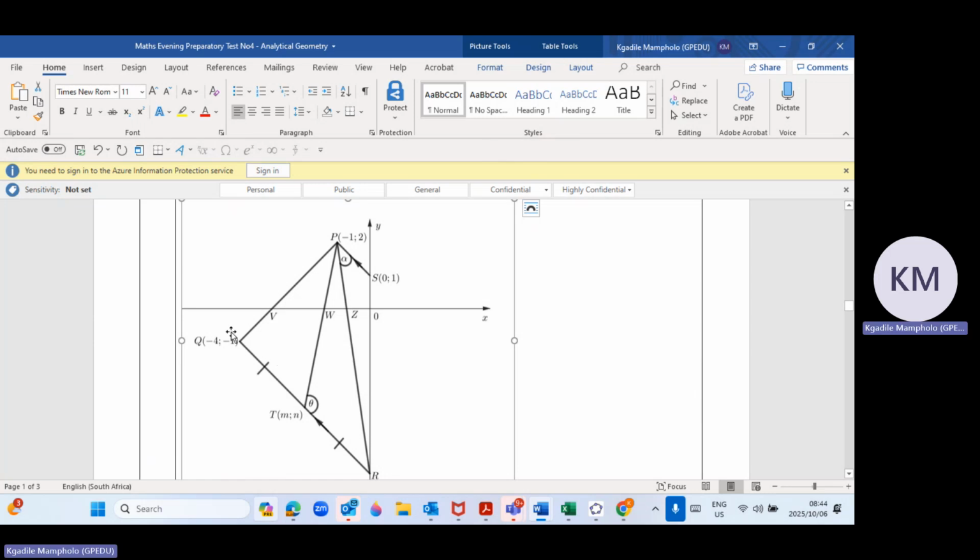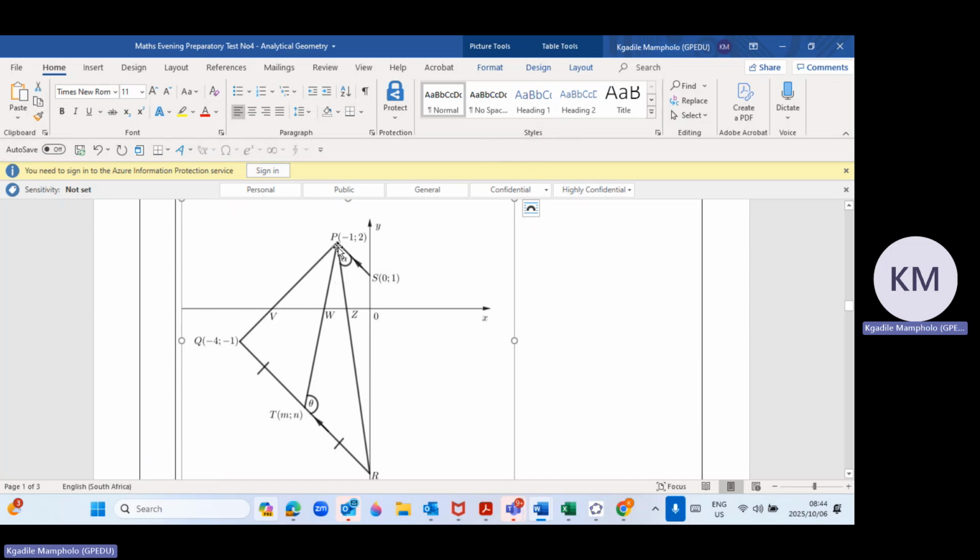in QR, you only know one point, but you don't know the other point. So you can't go straight here and calculate the gradient and the equation. If you are given a line with insufficient information, there is somewhere else you can get your gradient.